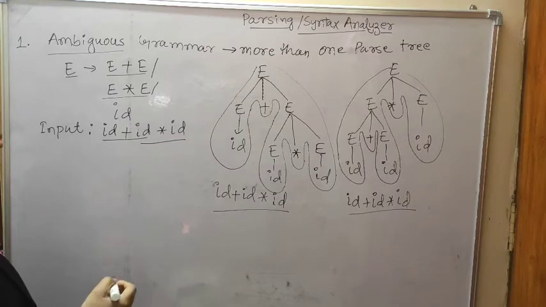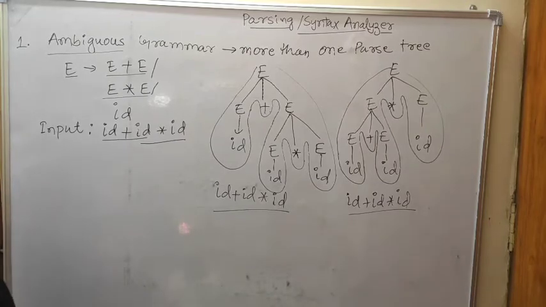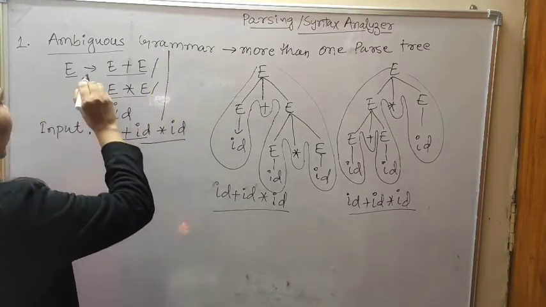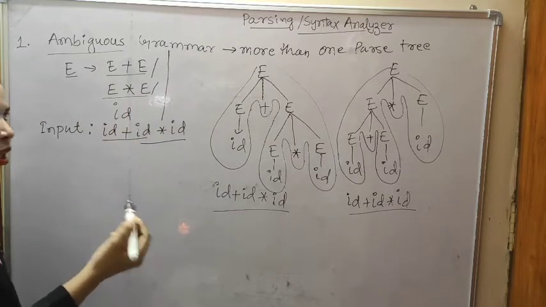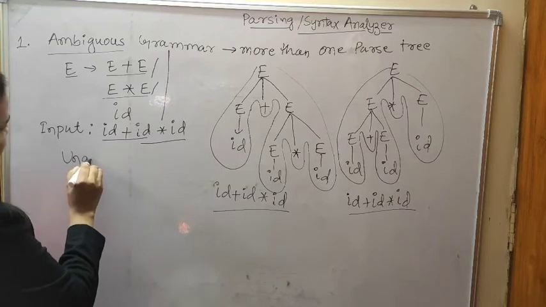So then, how do we eliminate the ambiguous grammar? The ambiguous grammar is eliminated by converting it to an unambiguous grammar.